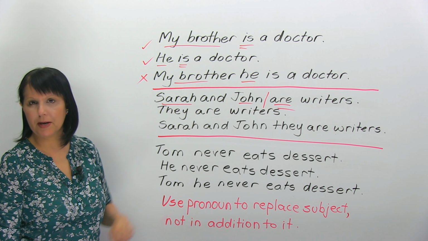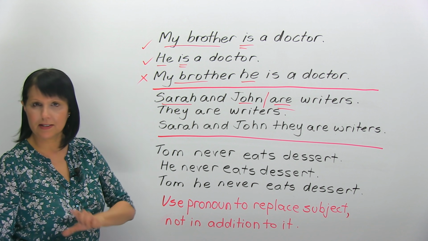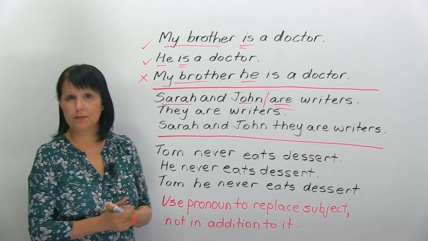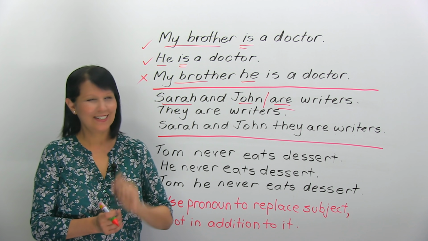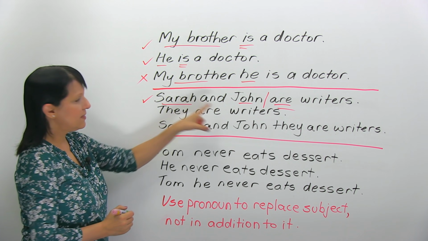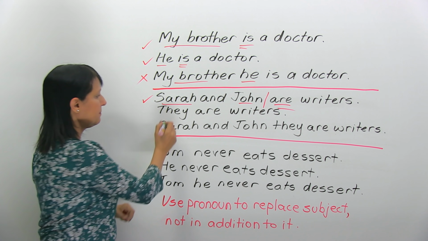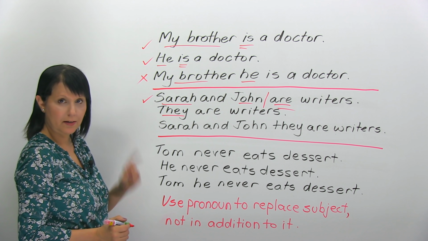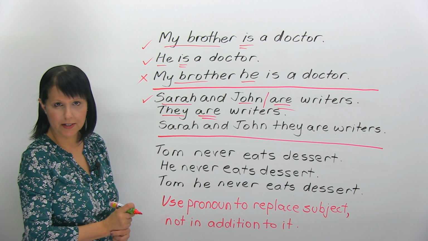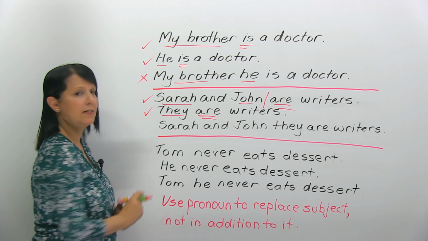So here we have a compound subject connected by and. That's fine. That's not repeating anything because these are two different people. We talked about them once. Or we could say, so this one's okay. Instead of saying Sarah and John, we could call them they, right? One subject. Are, one verb. That's fine. And that's also correct.